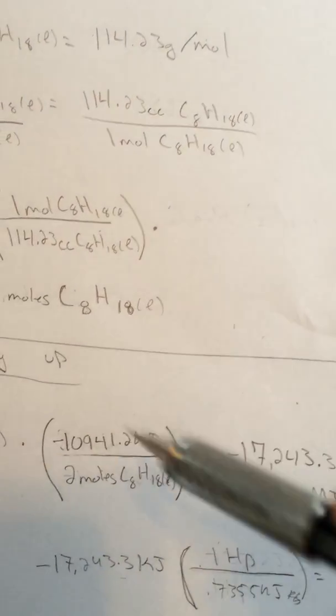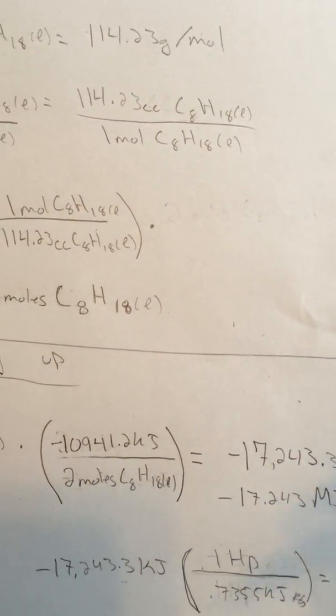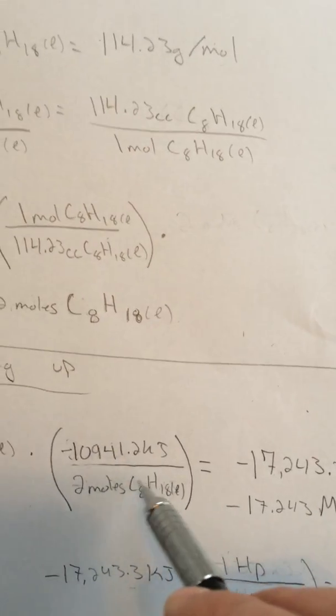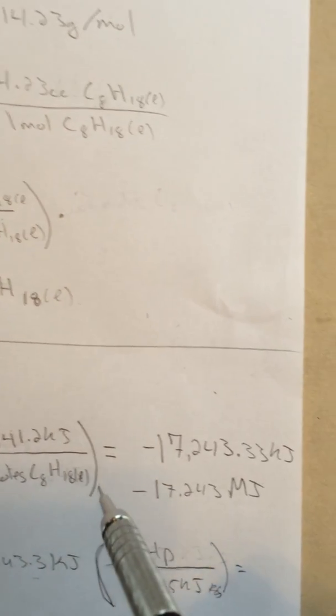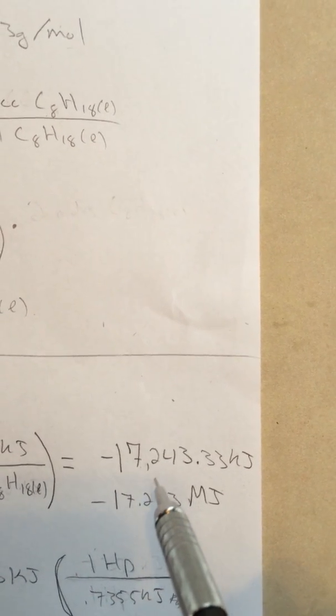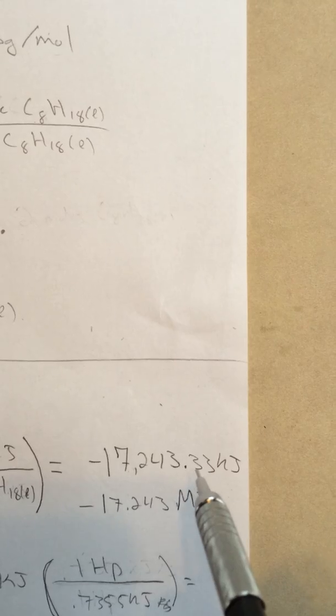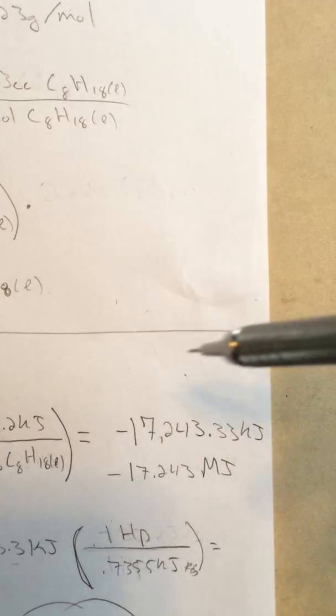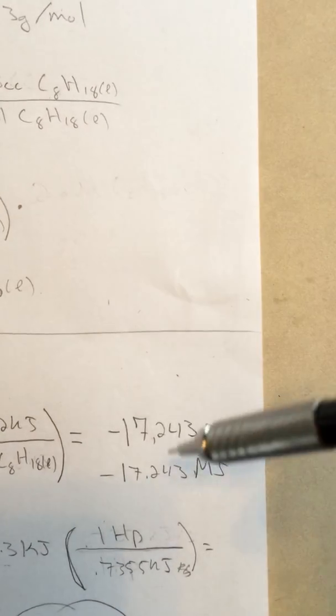And that's in the formula of the combustion, the enthalpy of combustion of octane. And that's why we can do that and have that identity. And that turns out to be negative 17,243.33 kilojoules of energy, or 17.243 megajoules.